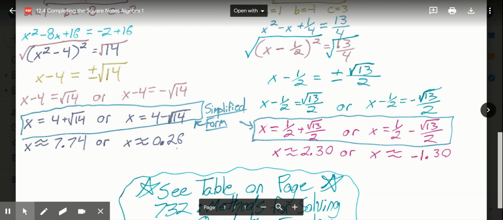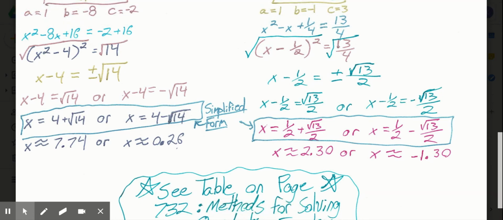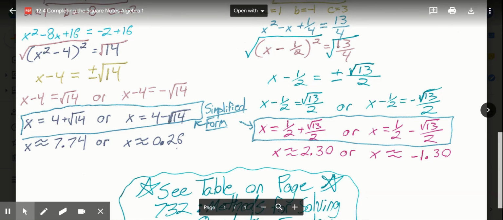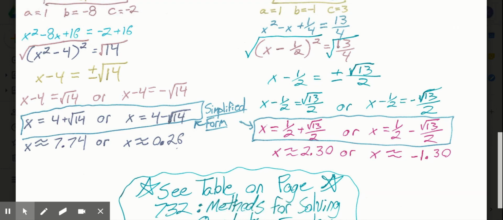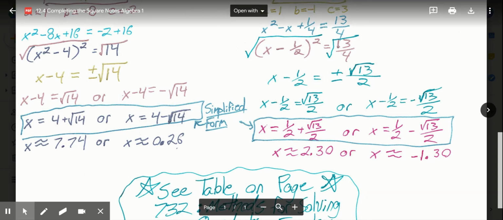So we're adding 1/2 to each side, so our simplified form answers, x would equal 1/2 plus the square root of 13 over 2, or x would equal 1/2 minus the square root of 13 over 2. Or if they wanted decimal answers, that's when you plug it into your calculator, and we get approximately 2.30, or approximately negative 1.30.